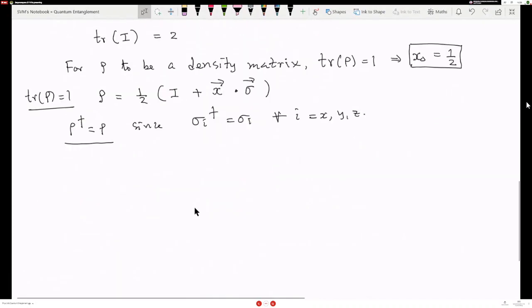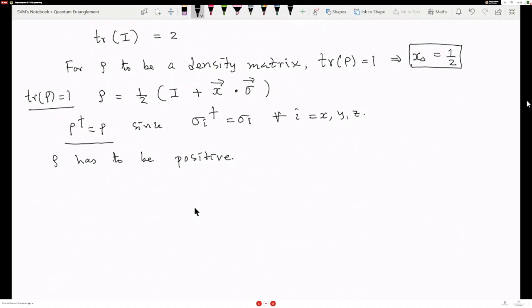Now what is the other condition? The other condition is that rho has to be positive. This is the main condition. There are many equivalent definitions of positive.